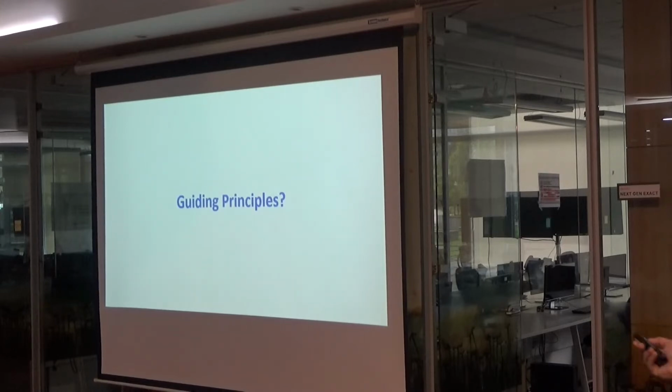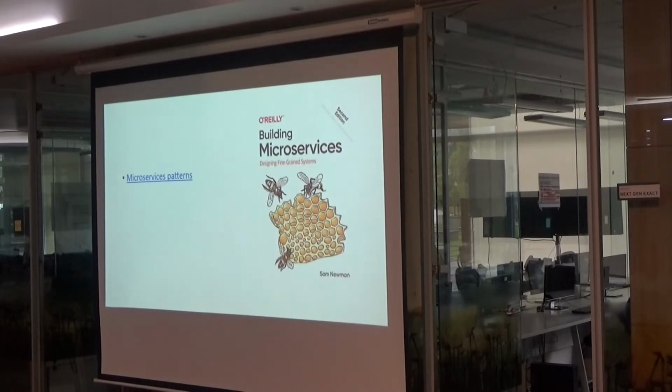But what other guiding principles? We use the microservices pattern. There are tons of microservices there: APIs, serverless database, queues, CDNs. Everything is independently deployable, independently scalable. So this is a book that everyone's probably read, Building Microservices by Sam Newman.